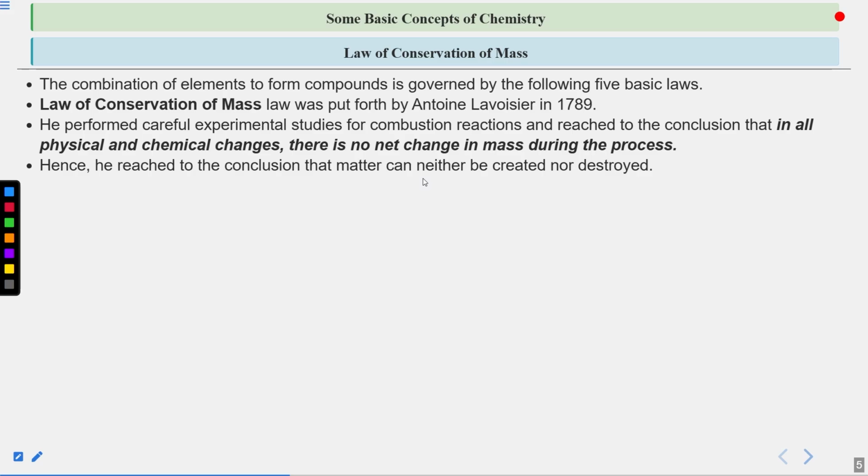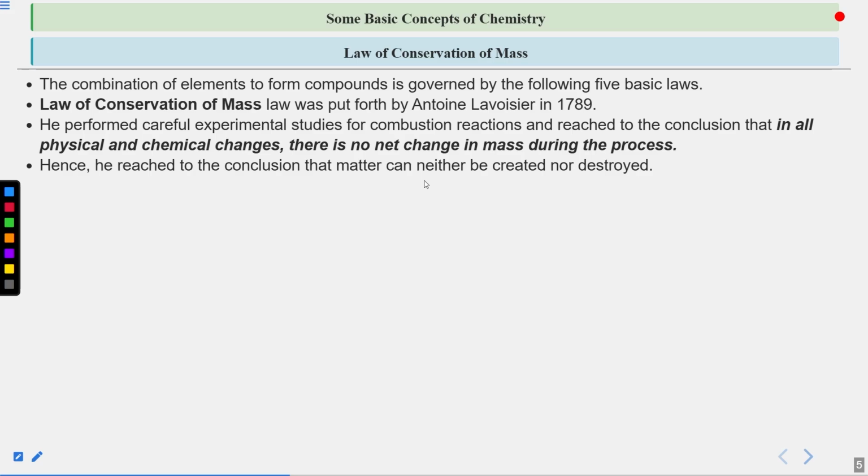How is this law just a formulation of our previous statement? So we were saying earlier that there is no change in mass from reactant to product. Meaning if you are taking 5 grams of reactant, you will get 5 grams of product. What are these reactants and products? They are simply matter.